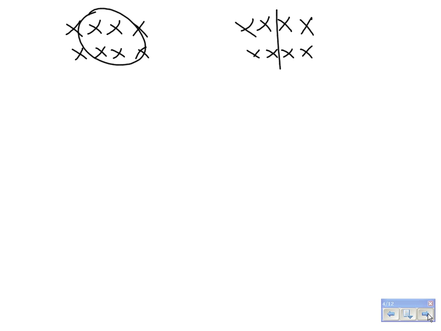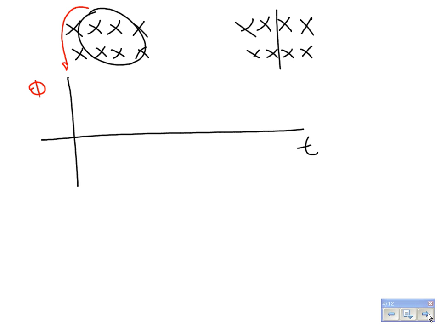So I can start to make a graph over time of different quantities. One quantity I could look at is flux. If we start at time equals zero when the coil is oriented this way, then my flux is going to basically look like this. A cosine curve, right?